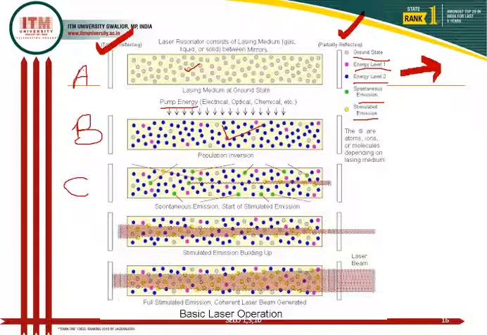This third condition is used for spontaneous emission, because after the absorption, the spontaneous emission may take place within 10 to the minus 8 seconds. So the atom wants to move to the ground state. But at this place, they try to give the energy to the surroundings.